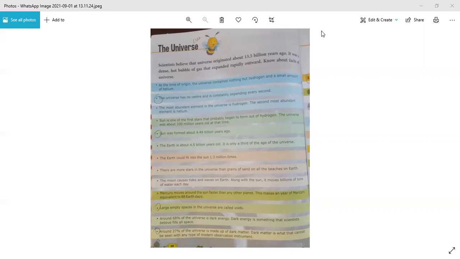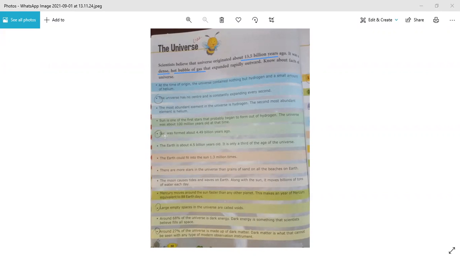So children, underline this concept, that it was done 13.5 billion years ago. Clear? After that, how was the universe? It was a dense, hot bubble of gas, and it expanded rapidly.